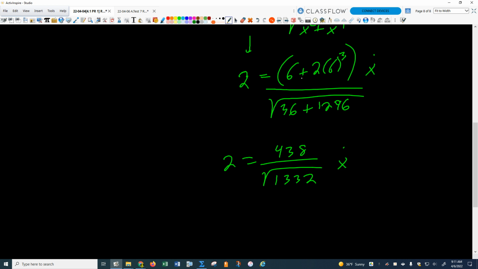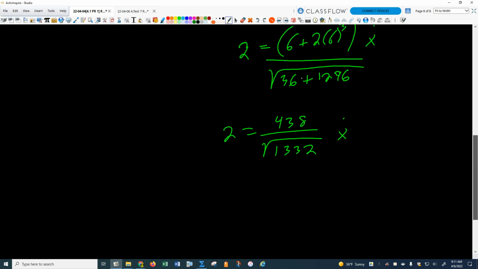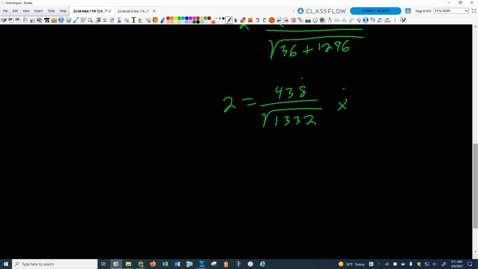There's no way that's a perfect square, is it? Could we be that lucky? 1332 a perfect square? No, it's not.